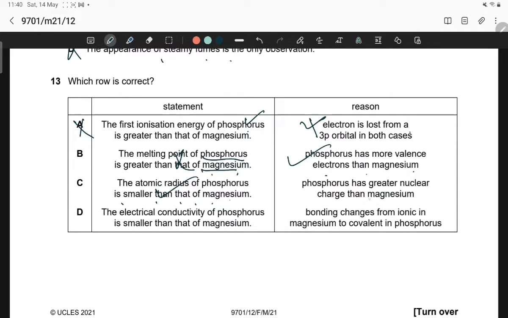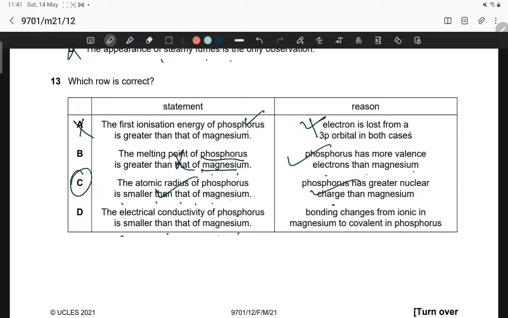Phosphorus has greater nuclear charge than magnesium. This is also correct because phosphorus has more protons and electrons. So C must be correct. The electrical conductivity of phosphorus is smaller than that of magnesium.